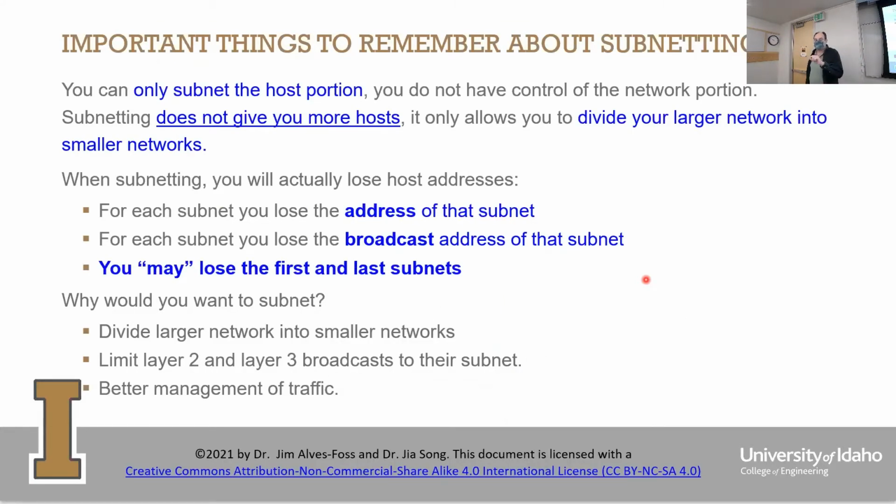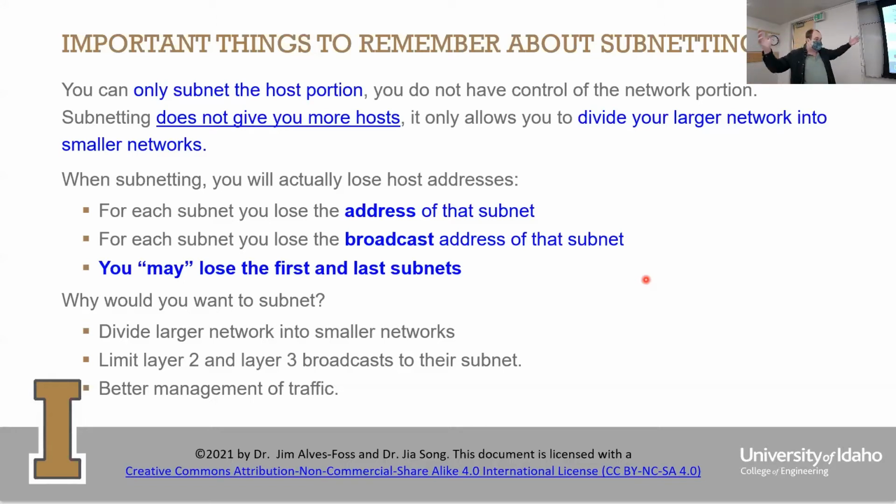Now you can only subnet the host portion of your private network. So if we're a class B network, we've got 65,000 addresses, we can deal with host addresses. But that 172.16 we had, or whatever it was, 172.19, I can't take that 172.19 and subnet that piece because that's other people's addresses. So it doesn't give you more hosts.